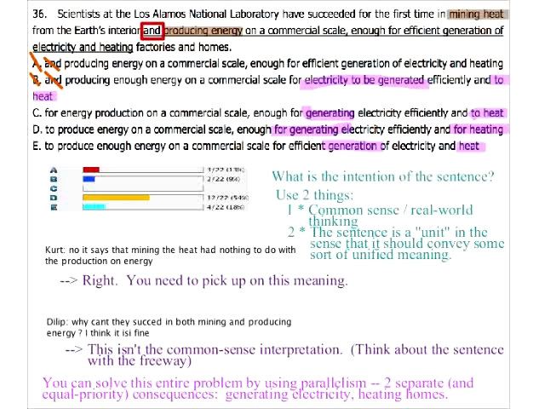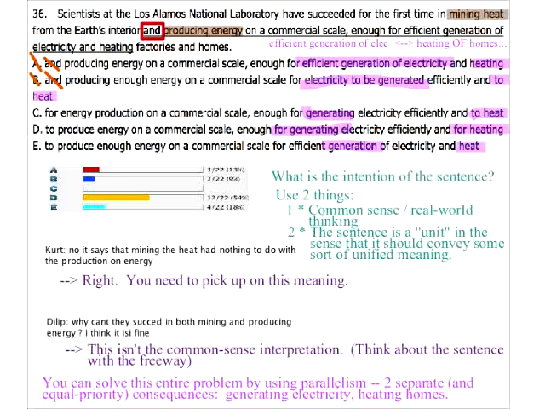And these are also not written the same way either. If this is efficient generation of electricity, then it should be heating of homes and factories. So let's type that out. Efficient generation of electricity would go with heating of homes.